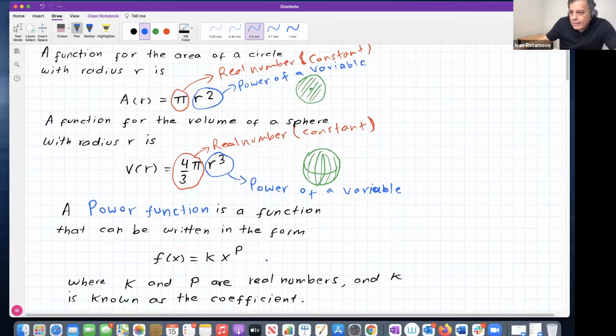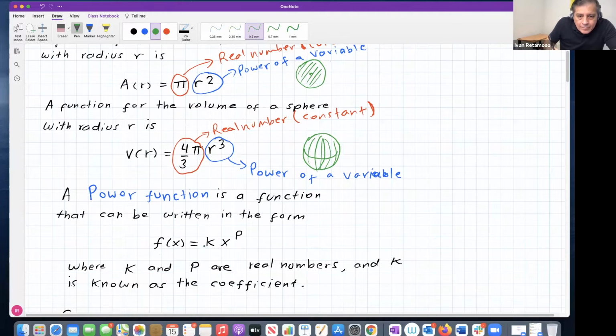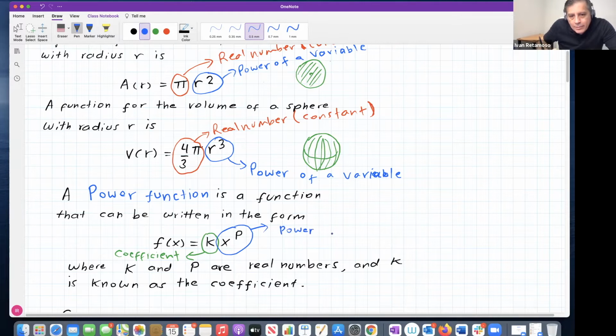So here, the constant is given this name, the coefficient. This is called the power, x to the p, power of the variable, power of x, and this p is called the exponent, right?